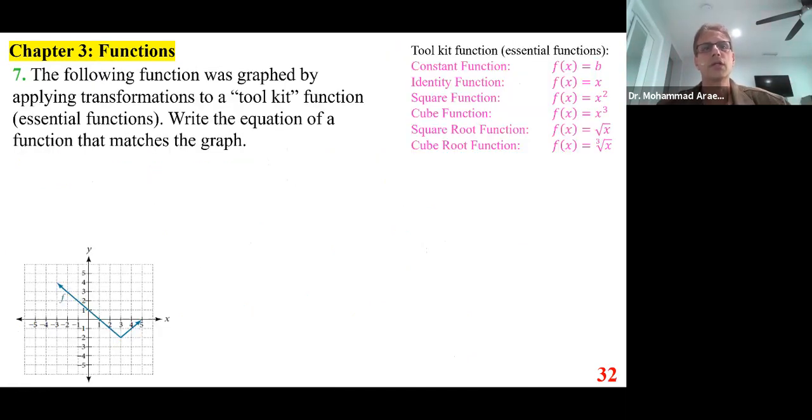The following function was graphed by applying transformation to elementary functions. In this class, there are some elementary functions, essential functions. Toolkit, essential functions, elementary functions, functions that we should be familiar with. So quickly, let's discuss those.